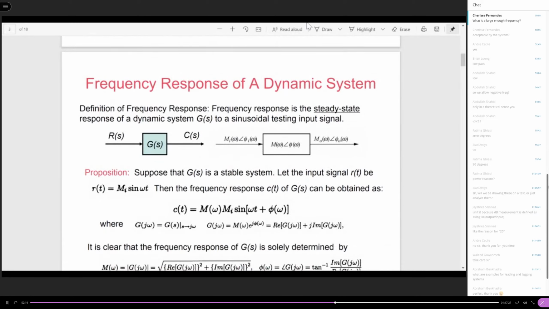So what's your question? Well, that's a good question. How large is large enough depends on the application. Later on we're going to introduce the definition: it's the bandwidth. Bandwidth means the acceptable signal magnitude level.